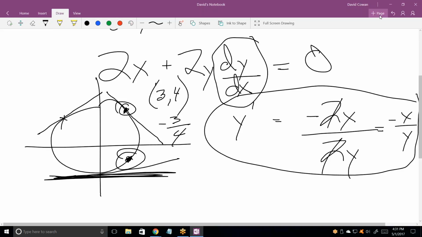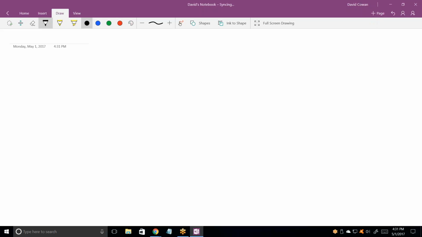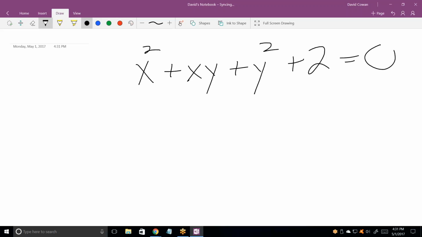The reason implicit differentiation is valuable is because sometimes you can't solve something by regular differentiation. If I have something like x squared plus xy plus y squared plus 2, I can't solve for y. I have no idea how to solve that for y.